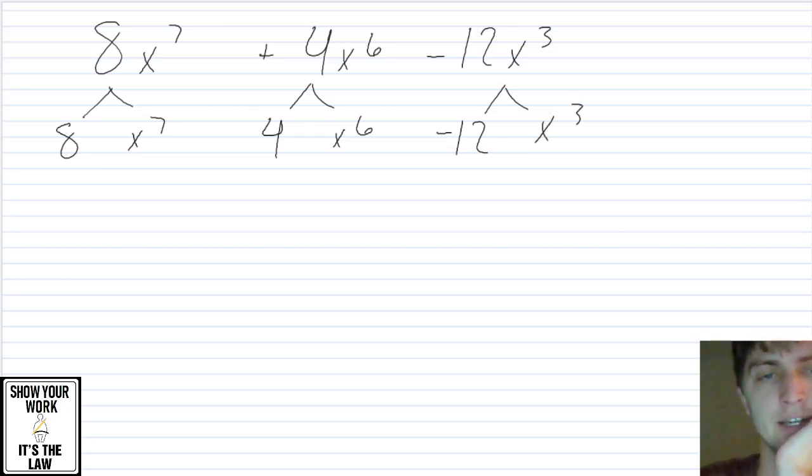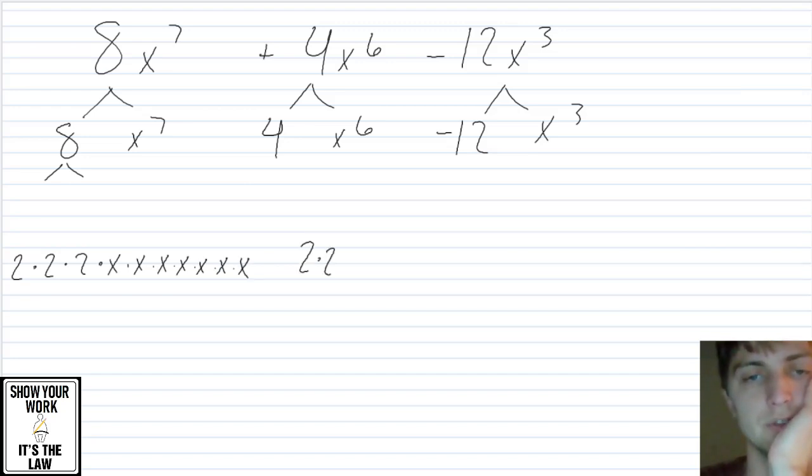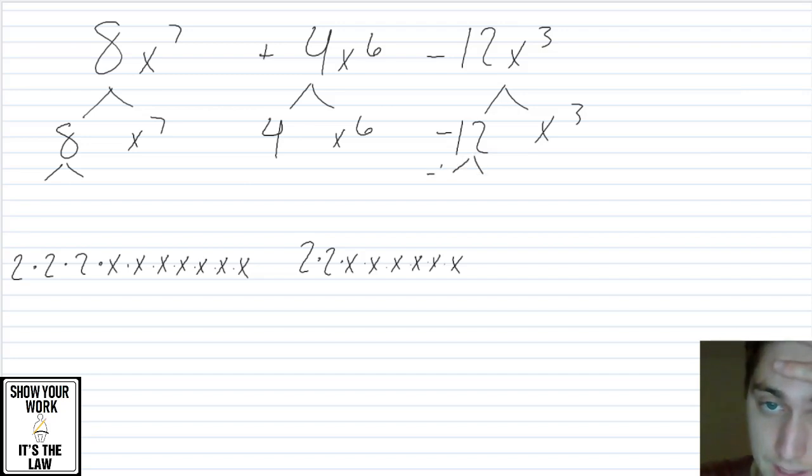All right. Let's divvy everything out. 8 is going to be 2 times 2 times 2, and then we've got 7 x's. All right. 4 is going to be 2 times 2, and then we've got 6 x's. And then let's take special care right here. This is going to be negative 1 times 12, and then 12 breaks into 4 and 3, and then 4 is 2 times 2.